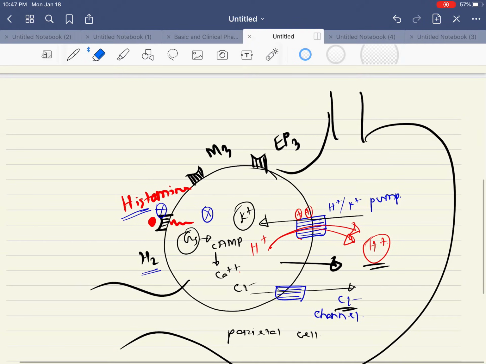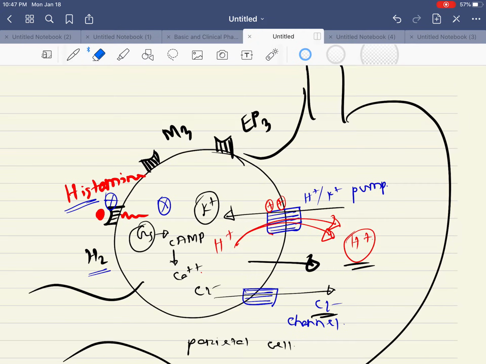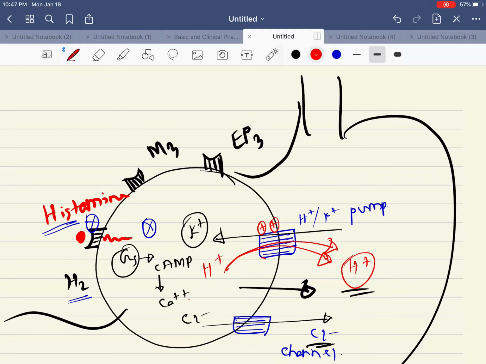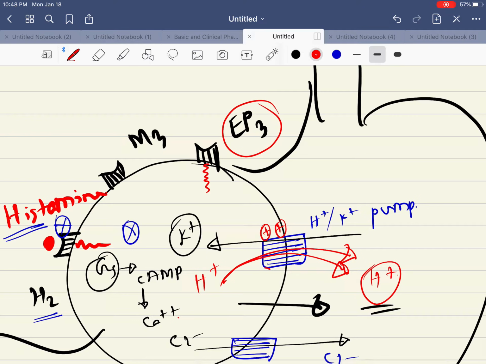Another is the prostaglandin EP3 receptors. These EP3 receptors suppress the proton pump.